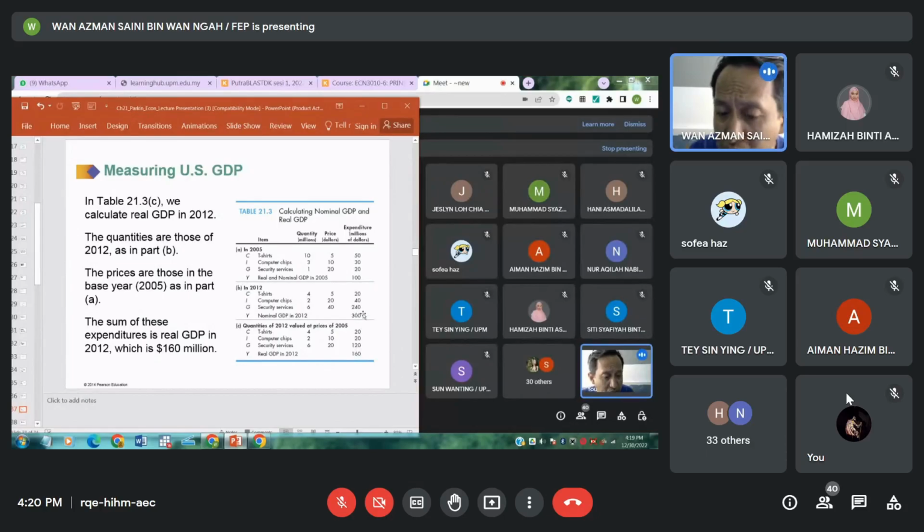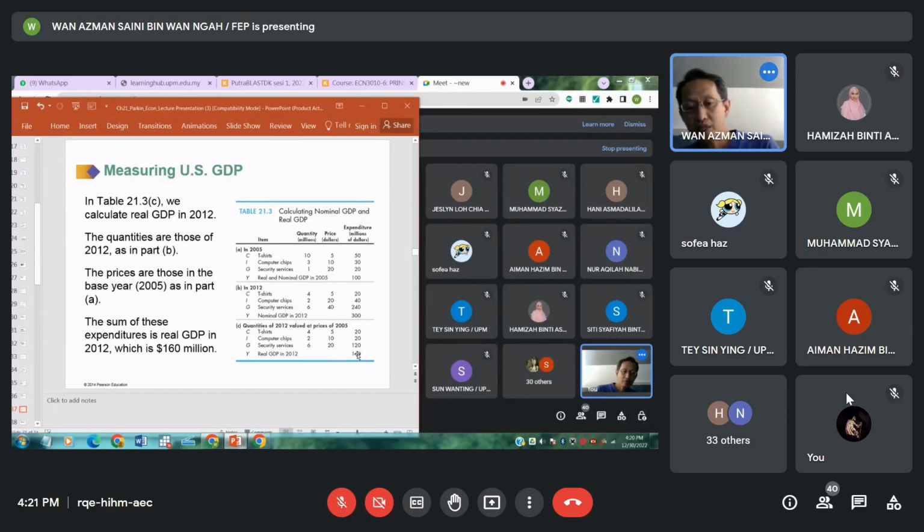It's not 200%, because the 200% is mainly because of changes in price. Price has doubled for computer chips and security services. So now we can see that this is more realistic. Earlier, in 2005, the market value of all outputs is 100 millions.